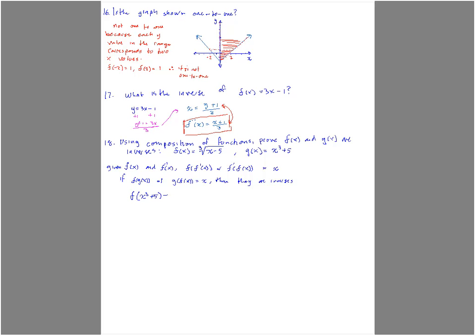And so that is equal to the f function, the cube root of x, which we're replacing with x to the third plus 5. So x to the third plus 5 minus 5. So go ahead and expand the inner part out. We get x to the third plus 5 minus 5.